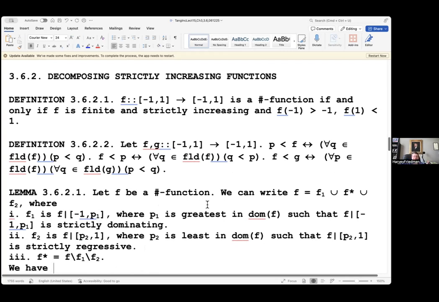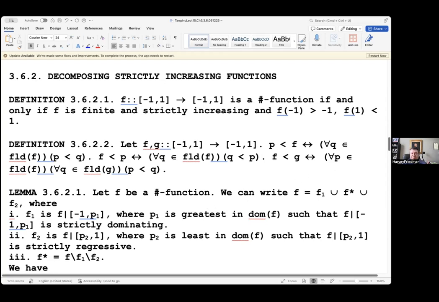Suppose f is a star function. F is a star function if and only if it's finite, strictly increasing, f of -1 is greater than -1, and f of 1 is less than 1. That, along with its dual, are the real cases of interest here that have to be handled.